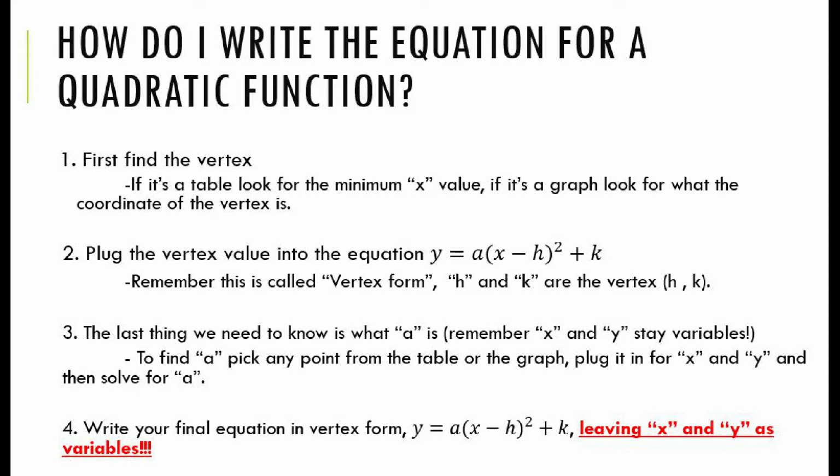And then finally, step 4, we're going to write our final equation in vertex form, leaving x and y as variables. So the only numbers you need to plug in are a, h, and k. If you're still writing, go ahead and pause the video, and then after you're done writing, we'll keep going.